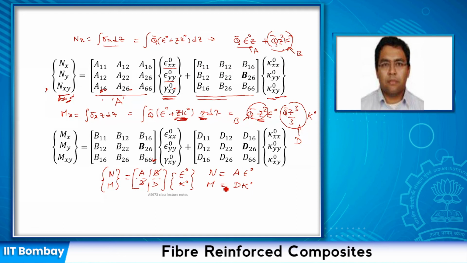There is no coupling. But by the time you come to a laminate, there is a strong possibility that you might end up with coupling if off-axis layers are present. When I say off axis, I mean you're not just UD, but you have 15 degrees, 30, 40, 45, 50, whatever, anytime you go away from zero. And if you are stacking them for whatever requirement, then you will end up with this kind of coupling.